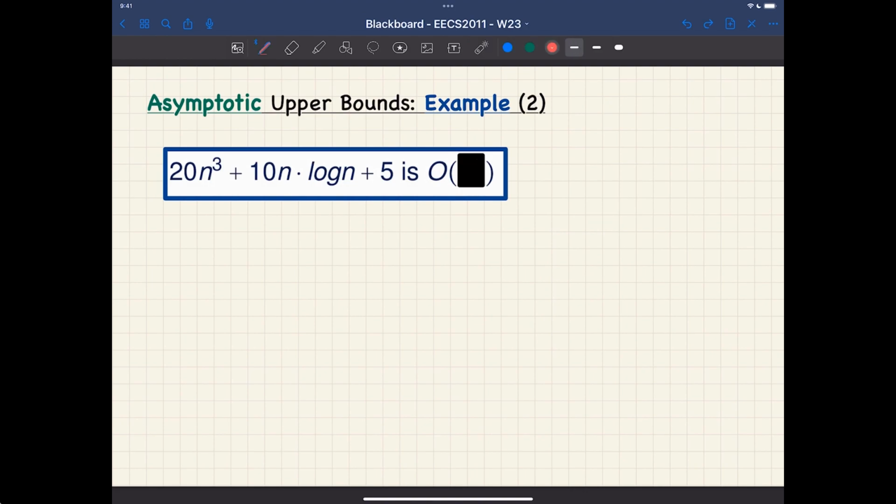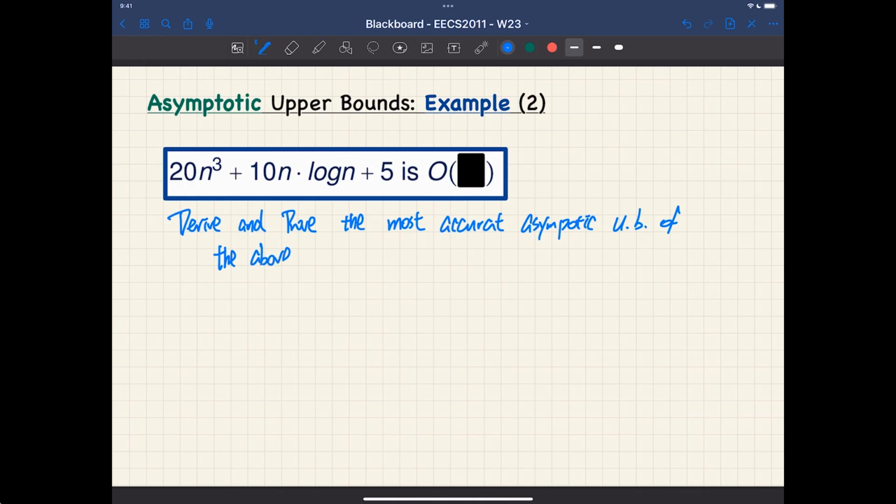Of course, the question will be: derive and prove the most accurate asymptotic upper bound of the above function. More or less the wording you will see.